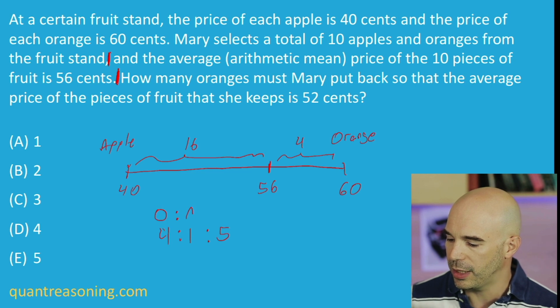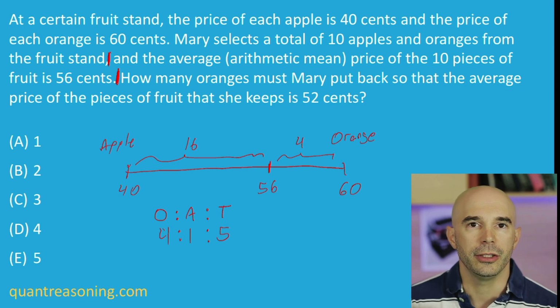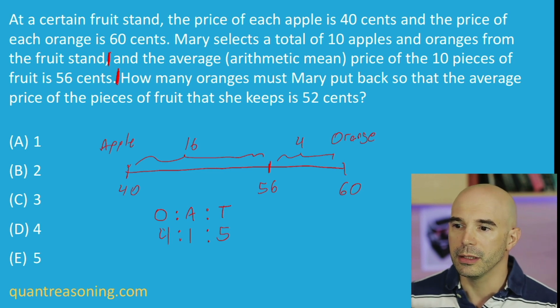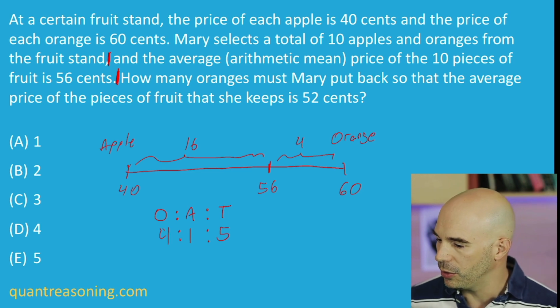So oranges to apples to total are at a ratio of 4 ratio units to 1 ratio unit to 5 ratio units. But I still shouldn't stop, because I know the total number of fruit is 10.